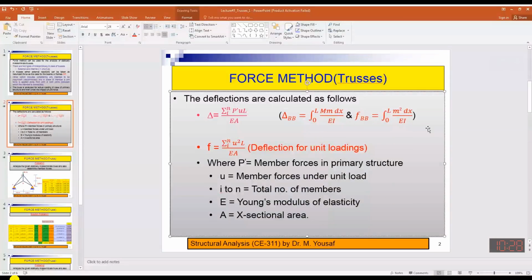Now, this is very simple. What is integration? Integration is a summation, from 0 to L, the length of the member. But over there are a number of joints.